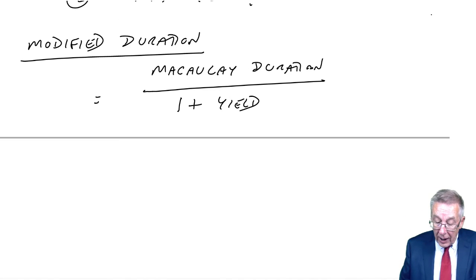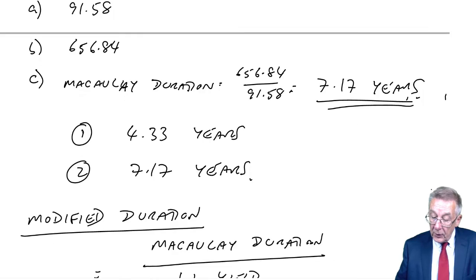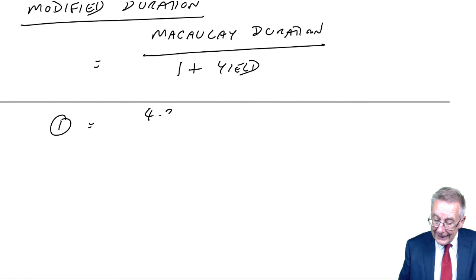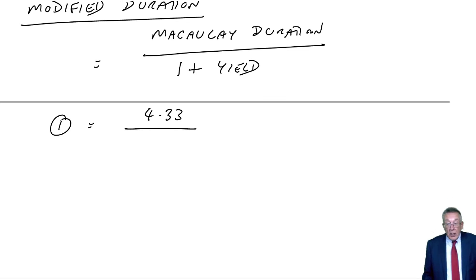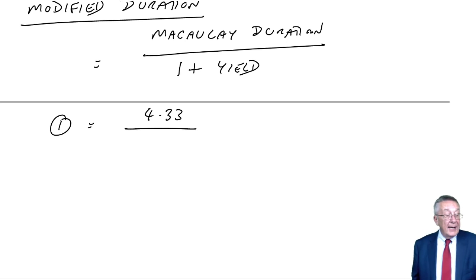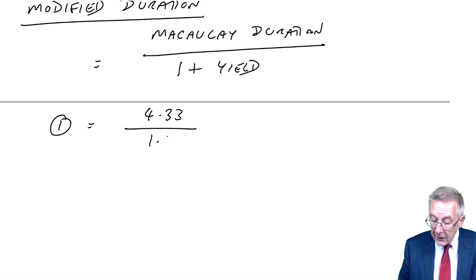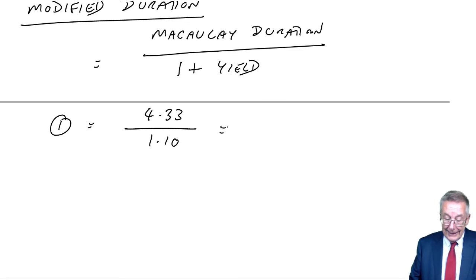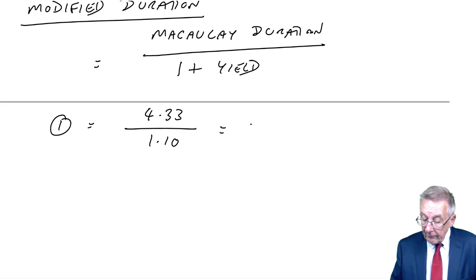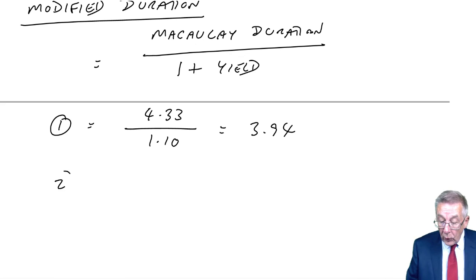For bond number 1, the Macaulay duration was 4.33 years. For the modified duration, 1 plus the gross redemption yield. Well, if you remember, I know it might mean looking back, but in both of these, the current gross redemption yield was 10%. So 1 plus 10%, 1.10. And it gives us 3.94.